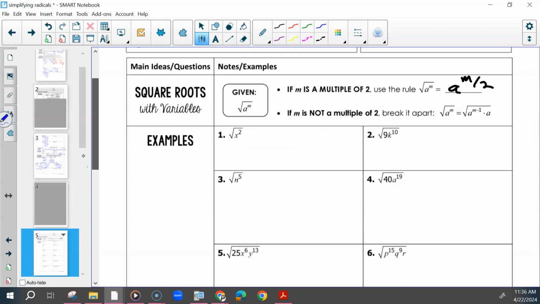So the different methods, you can think about this like division, where once you get the hang of this, you don't have to show as many steps. You could write it out like this, or you could expand it. So let's say I use this, it is a multiple of 2, so this would be x to the 2 over 2, which would give us just x.